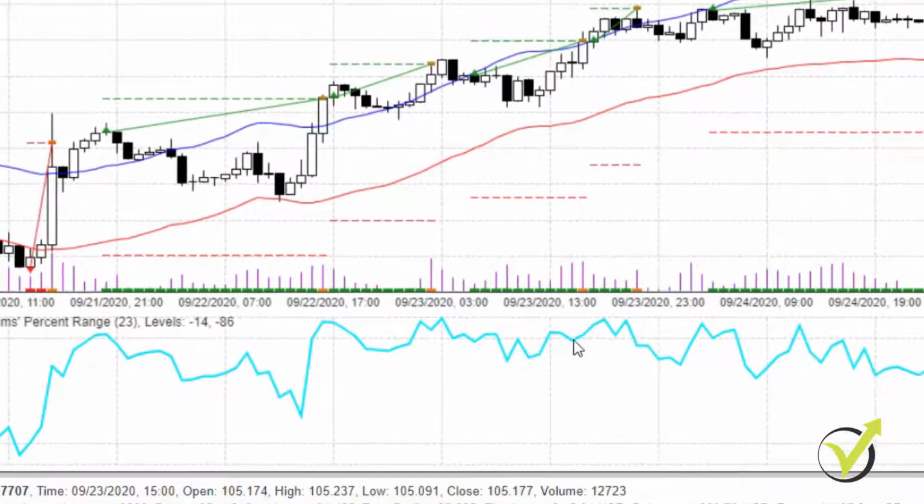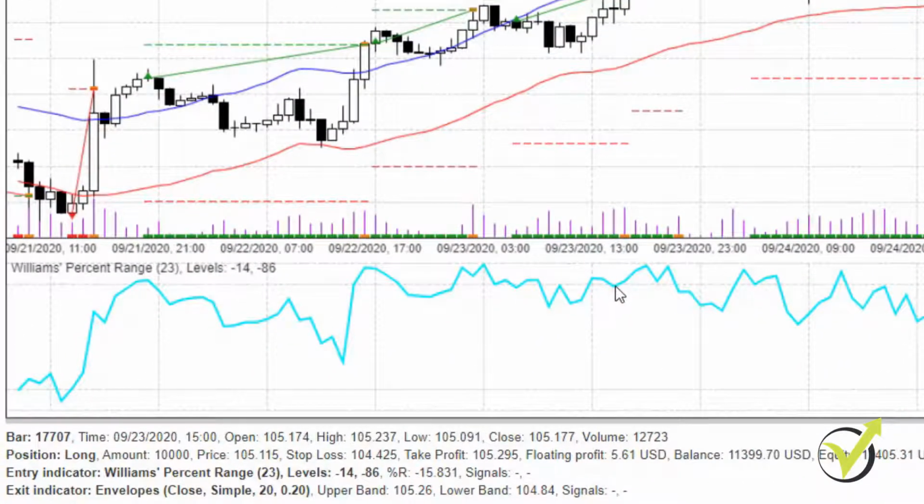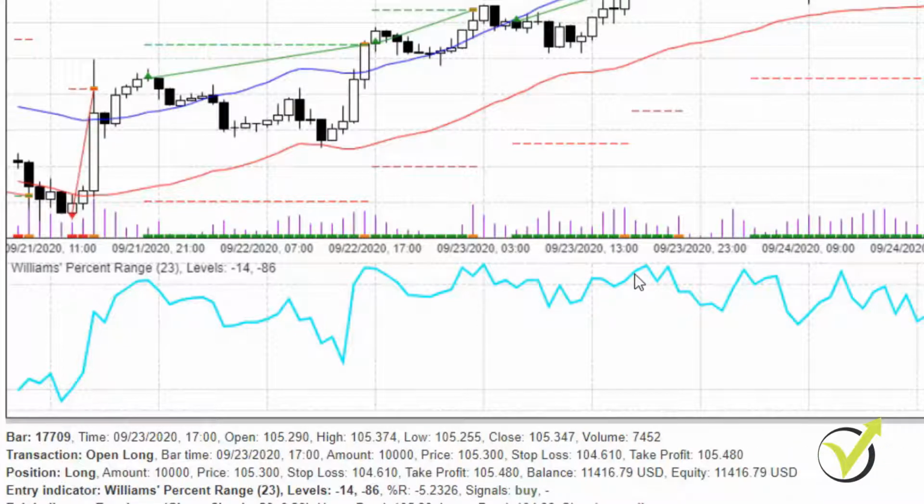But if I put the mouse on it, you can see very clearly now that the Williams percent range level at this moment was negative 15.83, right? And the previous value was negative 10.48, which means that it was below the negative 14 and then it went higher.